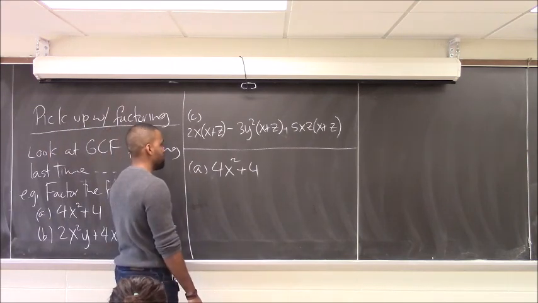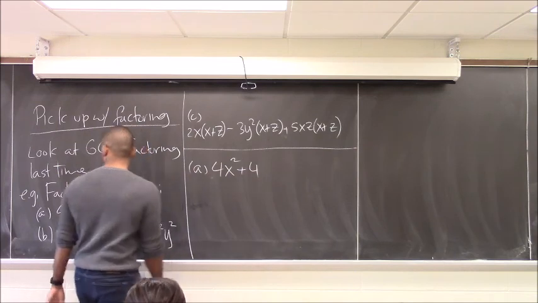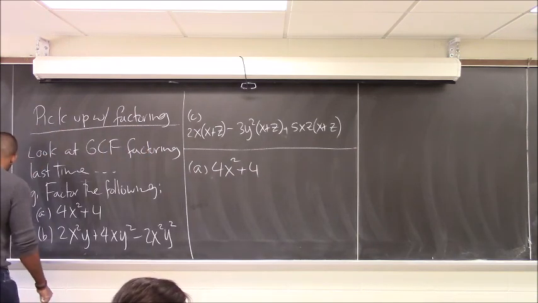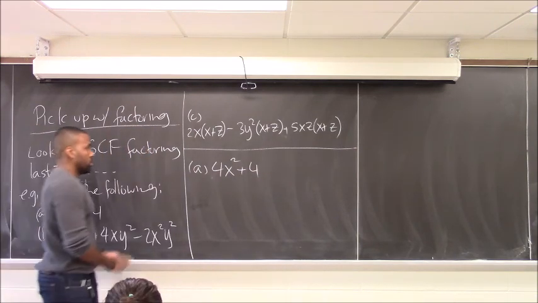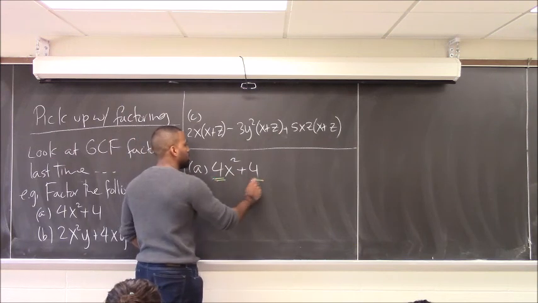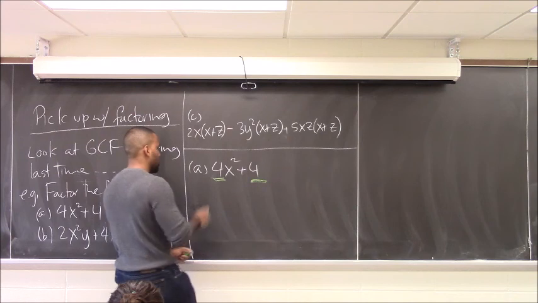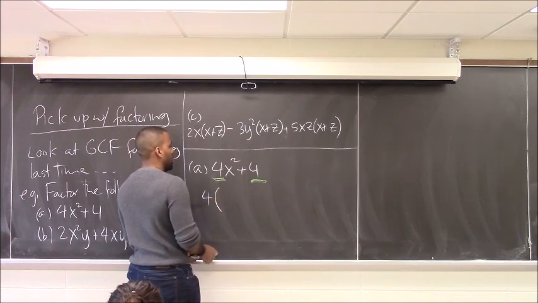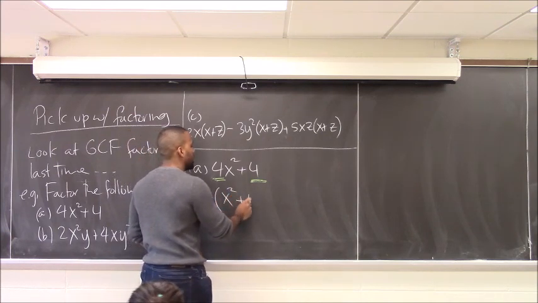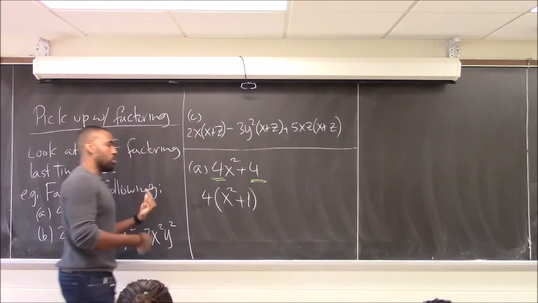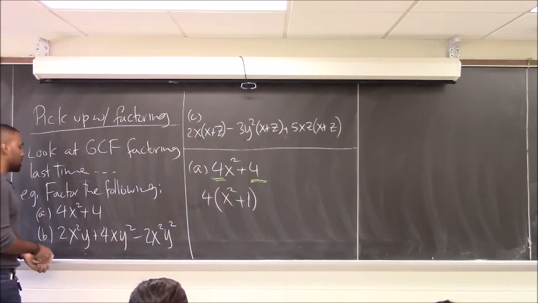What do you think? Great. 4 is a common term. This is in fact the GCF. That one is easy. So you just pull it out and you write what's left over on the inside. And again, I want you to remember what that actually means.